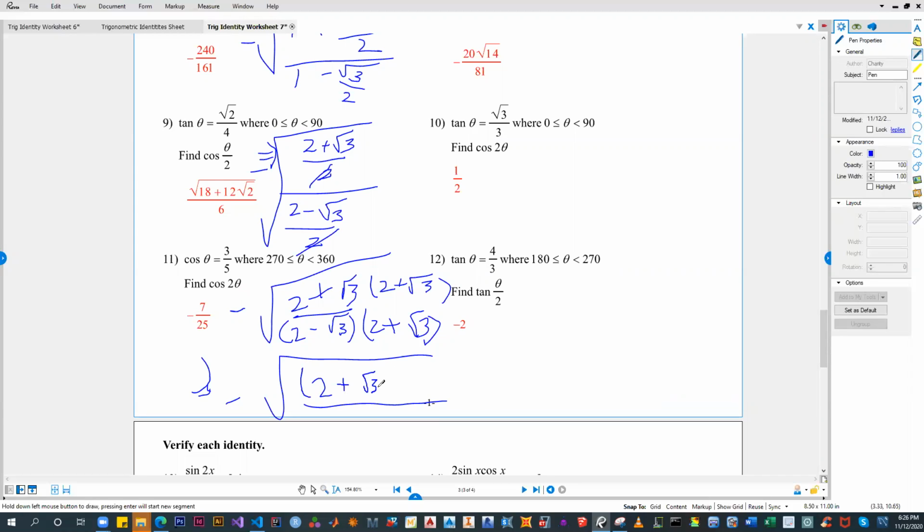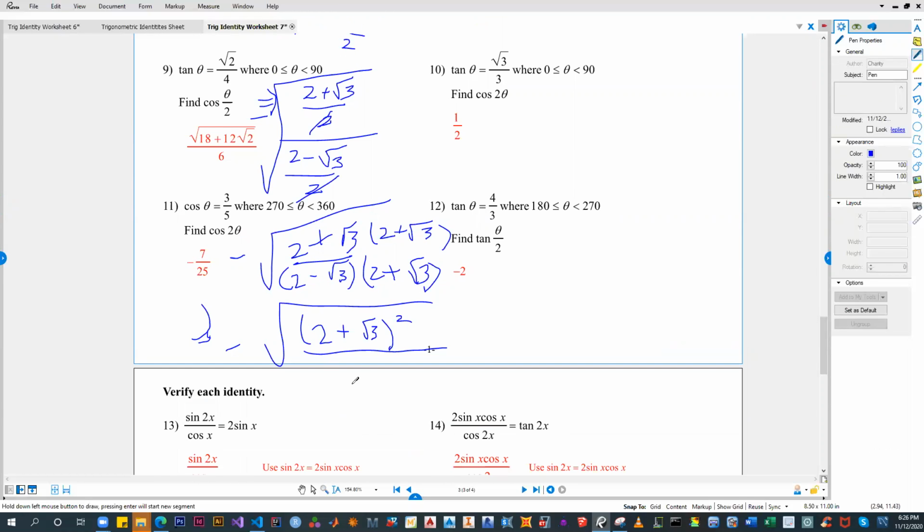So I'll just do this. Because it's squared, you're going to have that square root there. And then the bottom becomes 1.